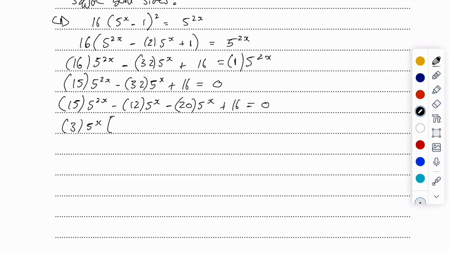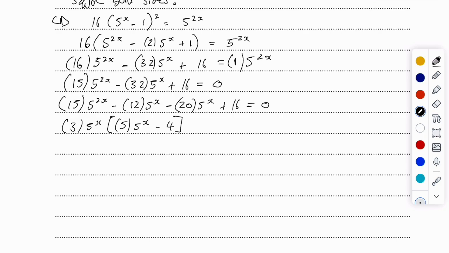So we've got 3 times 5 to the x, times 5 to the x, minus 4 over here. Now why is that?